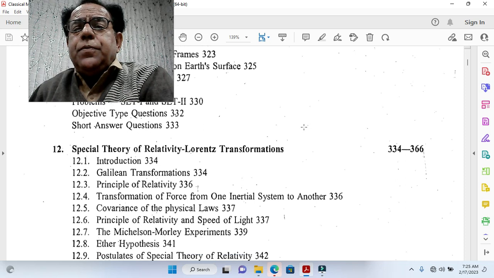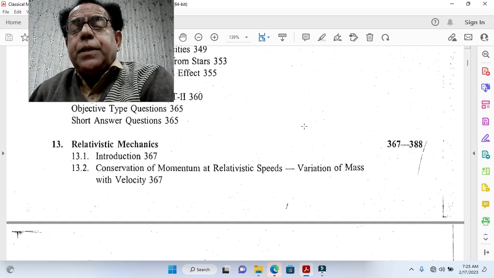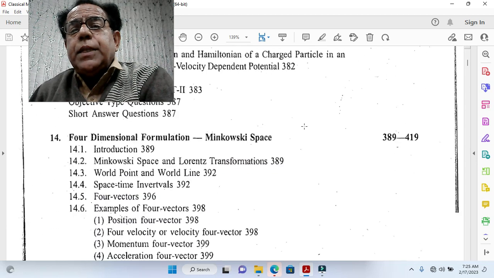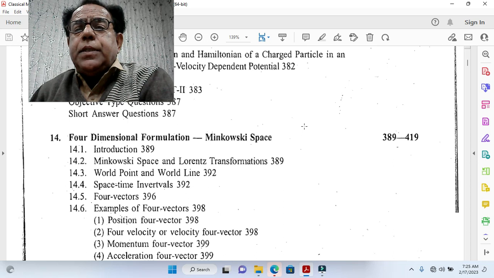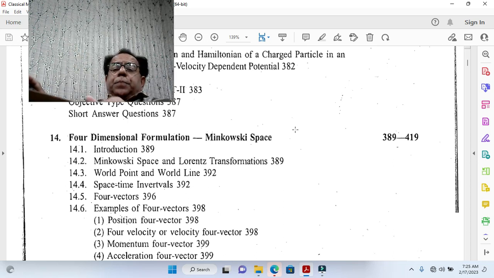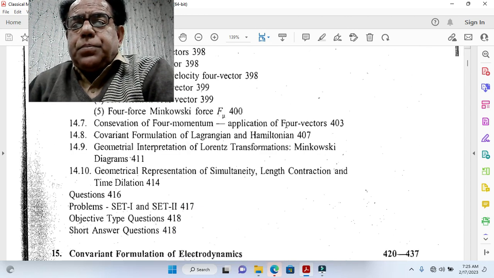Chapter number 12 is special theory of relativity, Lorentz transformations. Chapter number 13 is relativistic mechanics. Chapter number 14 is four-dimensional formulation, Minkowski space.